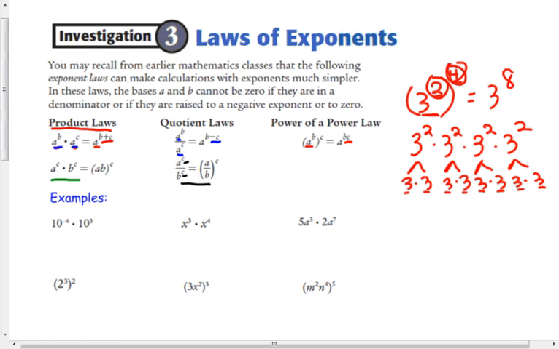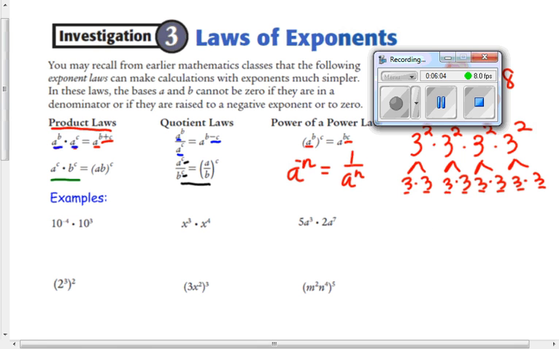All right, and the one other law you should put on here so you don't forget it is any number to a negative exponent is equal to the reciprocal of that number, or 1 over that number with a positive exponent. All right, I'm going to do a couple examples here, and then we'll do the rest of the work in class.